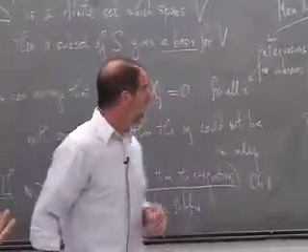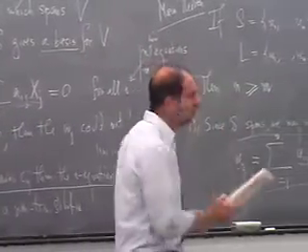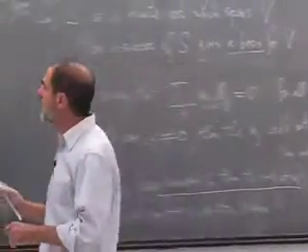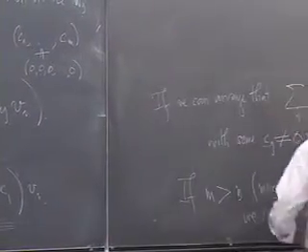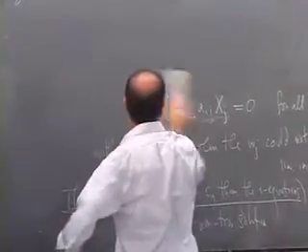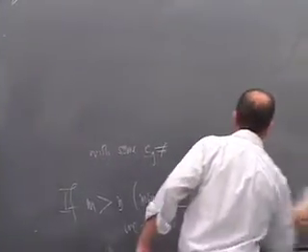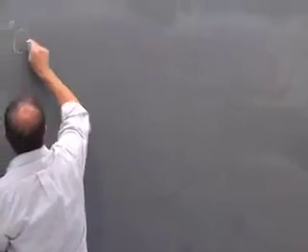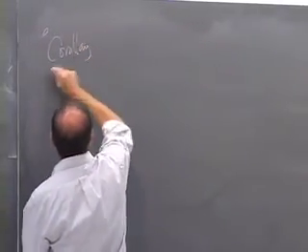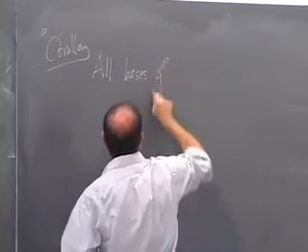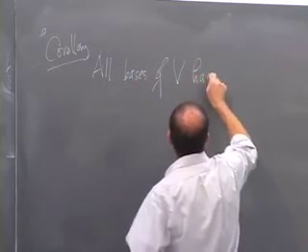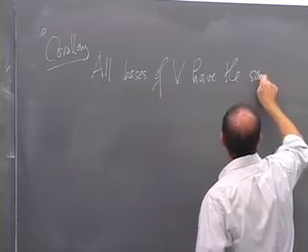Okay, this is the big theorem, because this allows us to say the following. Let me make a corollary of this. All bases of V have the same number of elements.